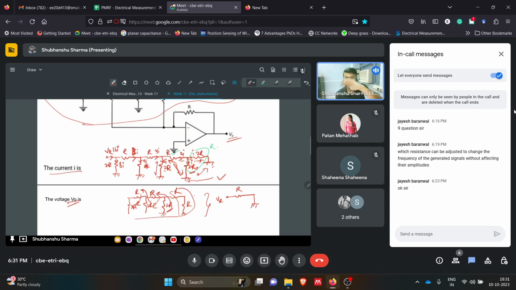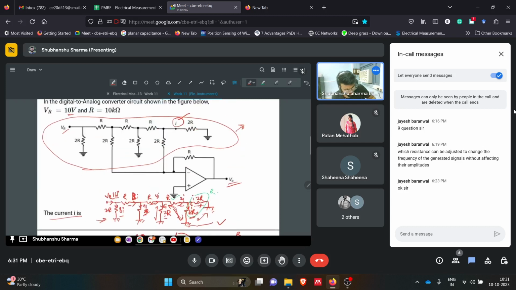Now if you see this from this side, 16I was coming, 8I went here, 8I went here, then 4I, 4I, 2I, 2I, and I, and we were having I here. So basically this is I, this is 2I, this is 2I, then this is 4I, this is 4I, this is 8I, 8I, and this is 16I.